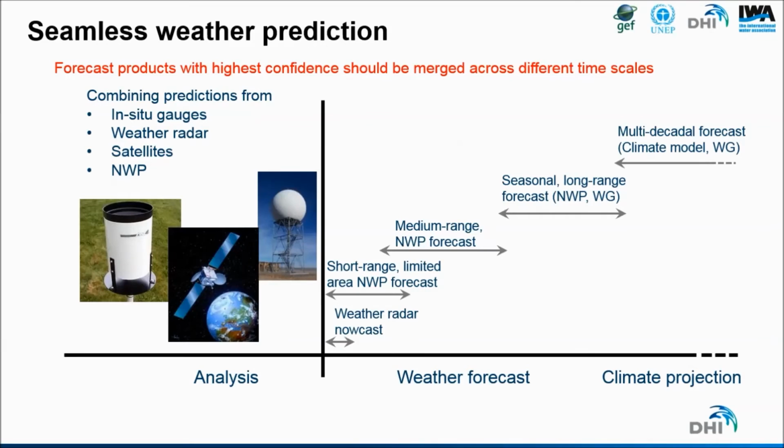Another key aspect in drought risk management is weather prediction, and we are working on producing what we call a seamless weather prediction tool, where the objective is to provide the best possible weather prediction to a stakeholder, depending on the decision or the issue they're looking at, and also the lead time they're looking at.